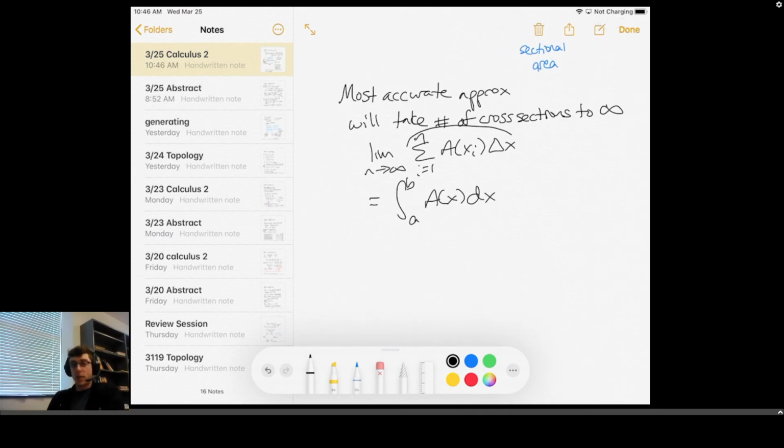So basically it boils down to finding some formula for the area of your cross section given your x coordinate, or y coordinate if you do it vertically, and then just integrating that.